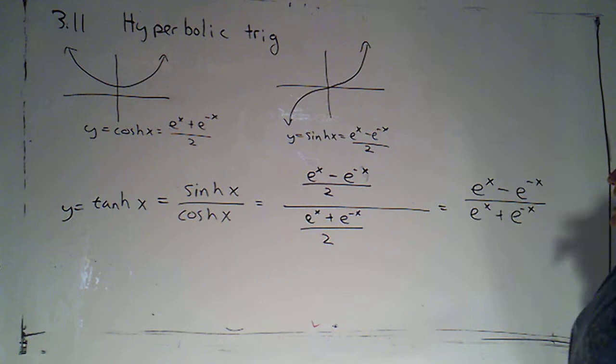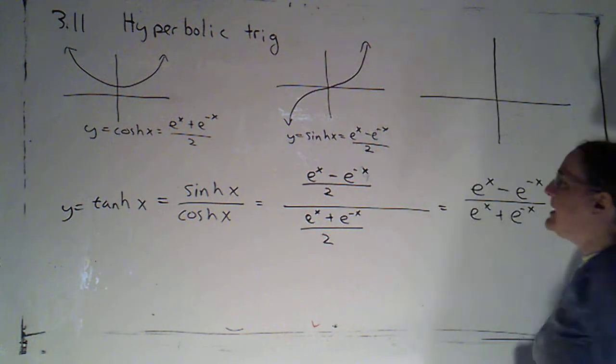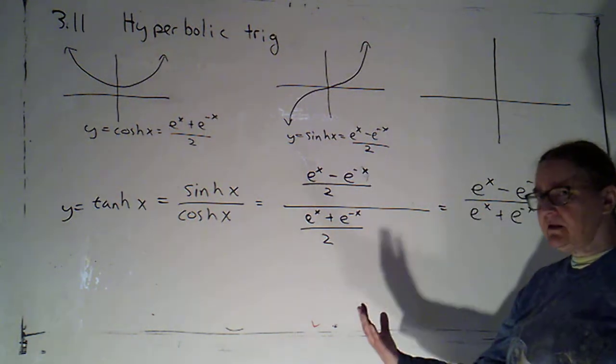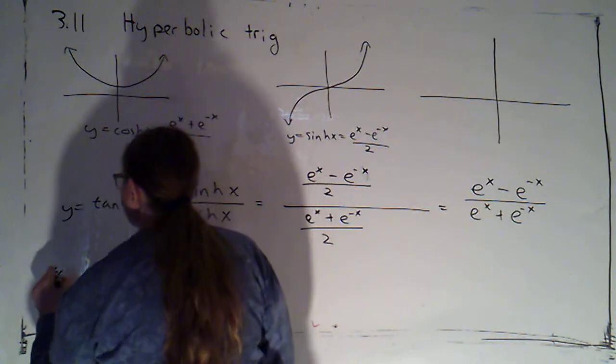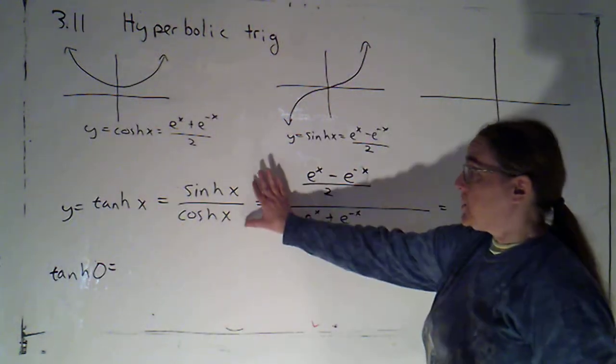Now, we are going to try to get a sense of what the graph of this looks like. What I'm going to do is calculate what it is at 0 and the end behavior of this. Okay. So if I look at tanh of 0, I could do it this way.